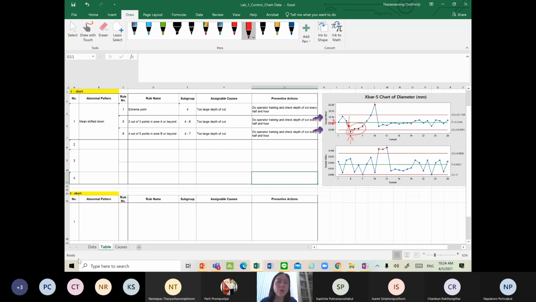There are 5 groups, but Pima and I will go to each group. So if I or Pima do not appear in the meeting, let's continue by yourself, and then I will go to the meeting and observe and check if you have any questions.